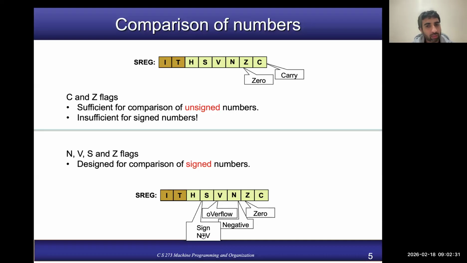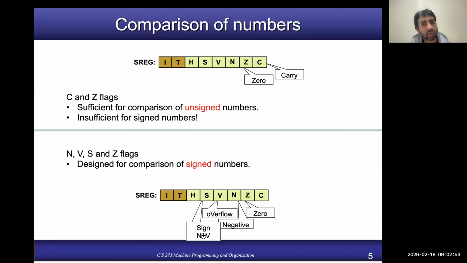How? We will talk about how these N, V, S, and Z flags are used for comparing signed numbers in a future lecture. Today, we will focus only on how the Z and C flags are used in comparing unsigned numbers with each other.